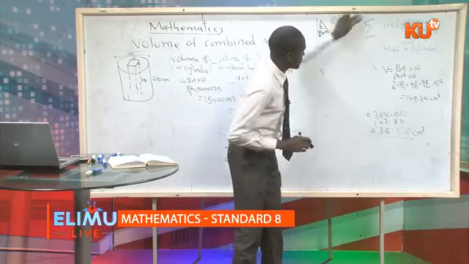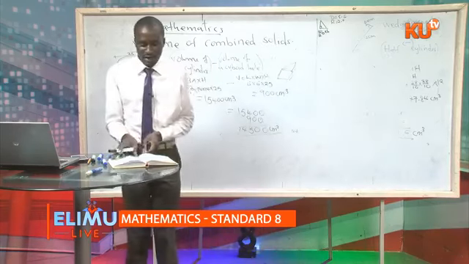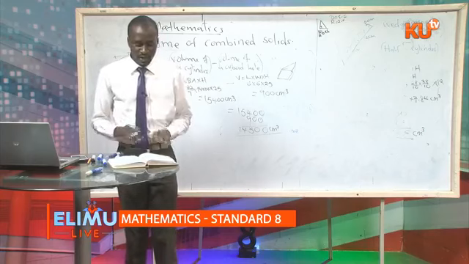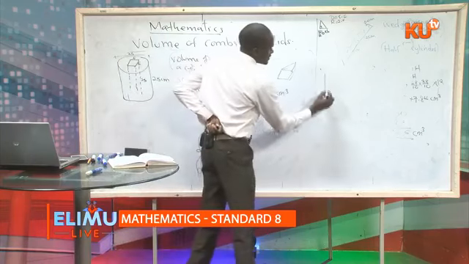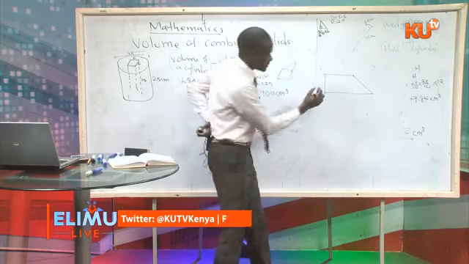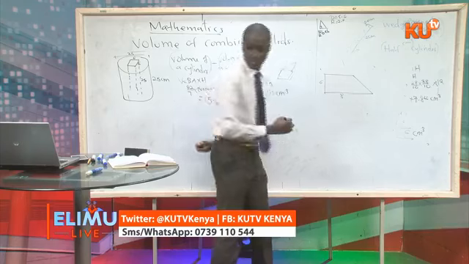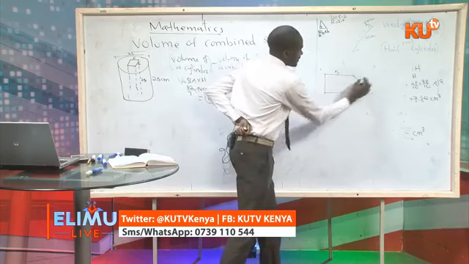That one we are going to do very fast. If you are asked to find the height of a trapezium, as a learner, what do you do? For example, if I am given this trapezium, then you are told here is 6 centimeter, here is 8 centimeter, so height is not given. Then you are given here as 5.